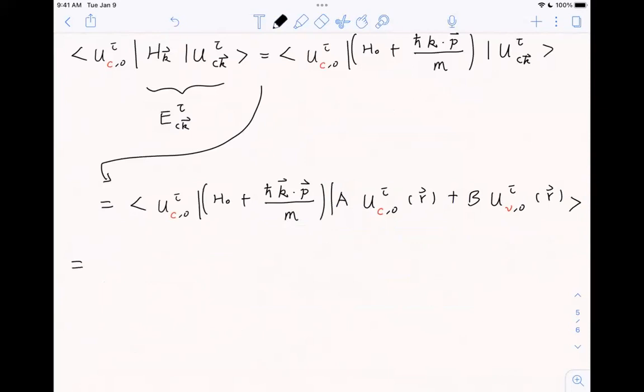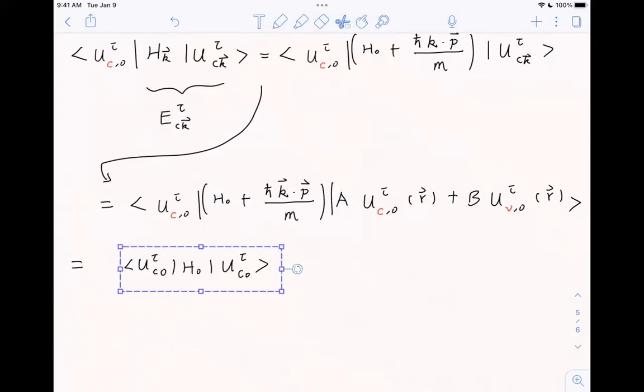There are totally 4 terms. You have 2 here, 2 here. So you're going to expand it. So let's write them out one by one. C0, H0, and then U tau C0. So this will be one term, will be A.